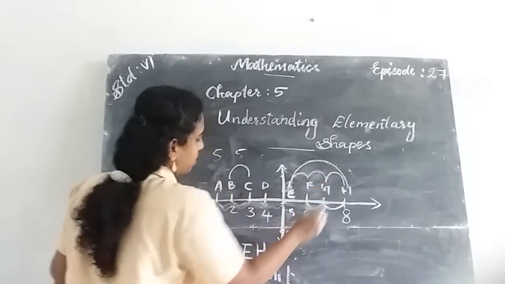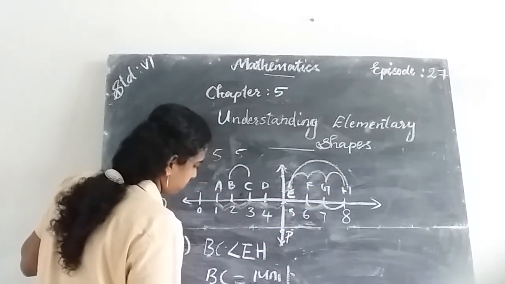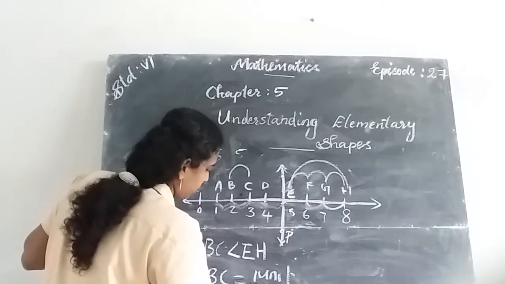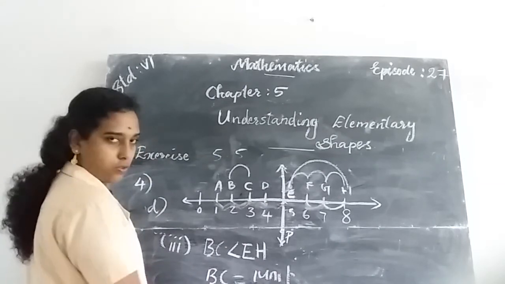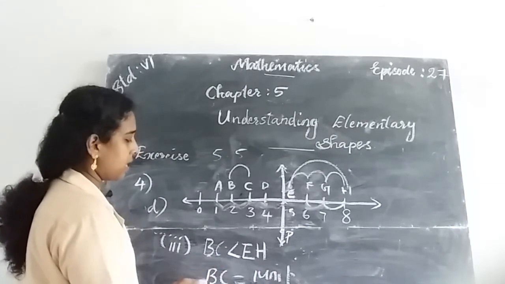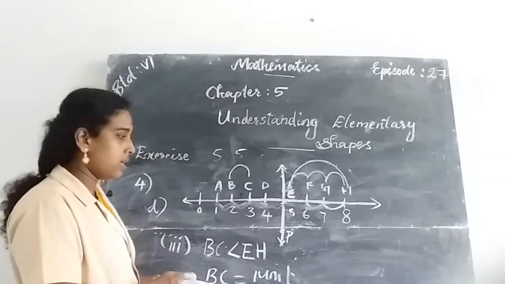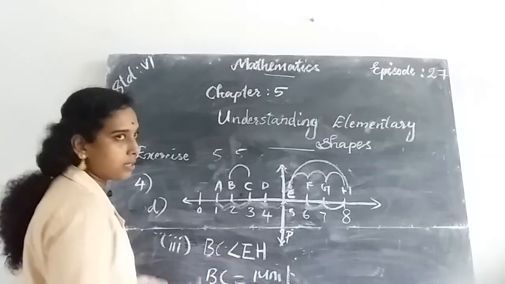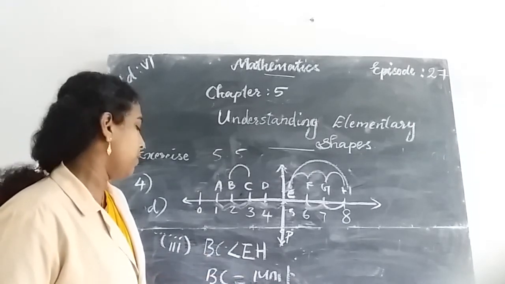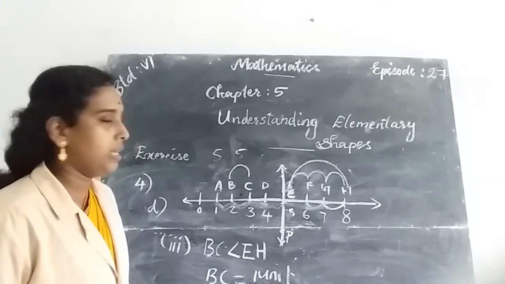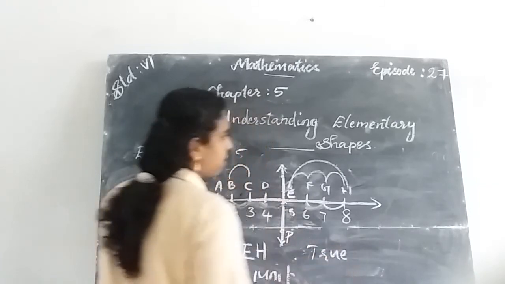So 1 plus 1 plus 1, it is equal to 3 units. EH is equal to 3 units, so EH is greater than BC. Here the statement is BC is less than EH. Yes, BC is equal to 1 unit and EH is equal to 3 units, which means BC is less than EH, which means the statement is also true. So the 3 statements given here are true.